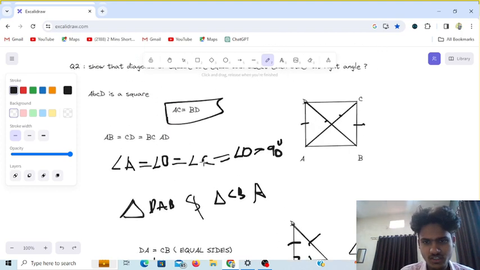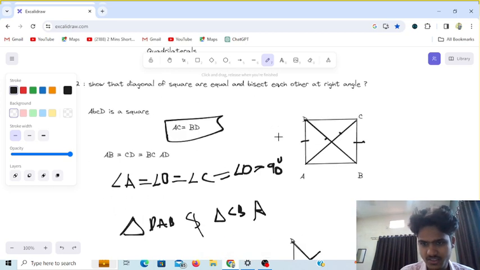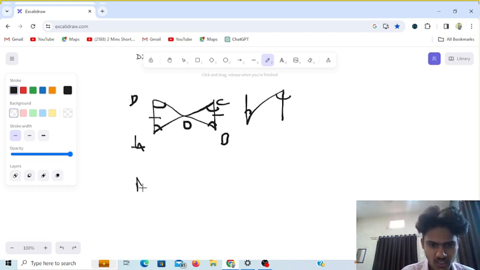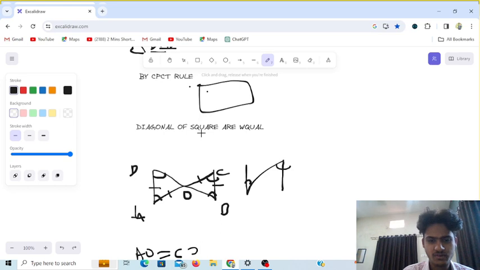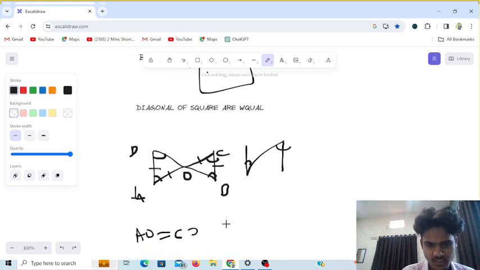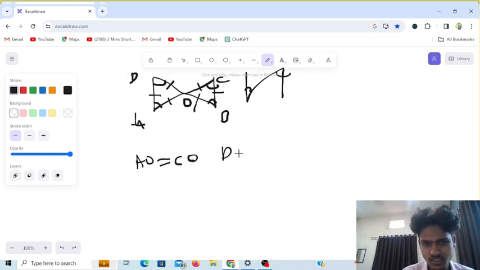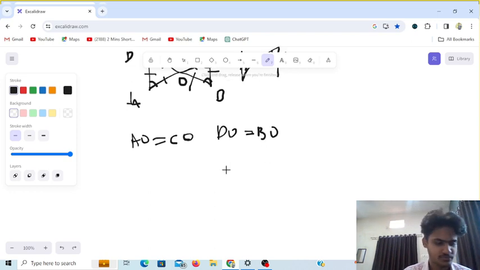And what they are asking to prove is bisect each other at right angle. What is meant by bisect? This point is O. Bisect each other means AO equal to CO. We have to prove AO equal to CO, at the same distance. Diagonals bisect each other. DO equal to BO. We have to prove that DO equal to BO.